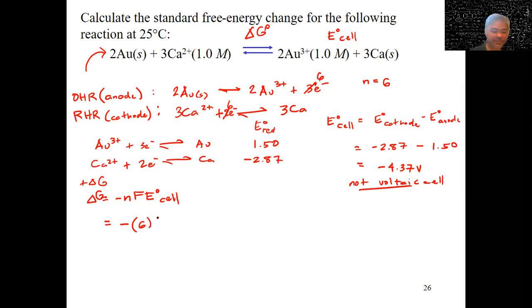You put the 6. You can always use the 96,500 joules per volt. And then you can use the negative 4.37 volts. And if you have that, the volts will be gone, and what you have is a unit in joules. So negative 6 times 96,500 times negative 4.37. So what do you get?